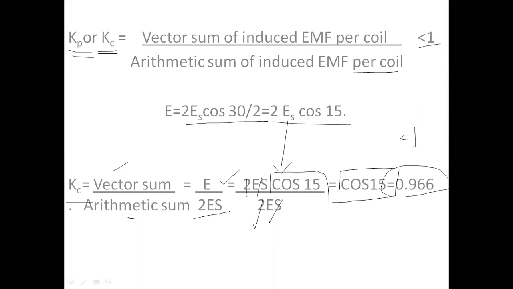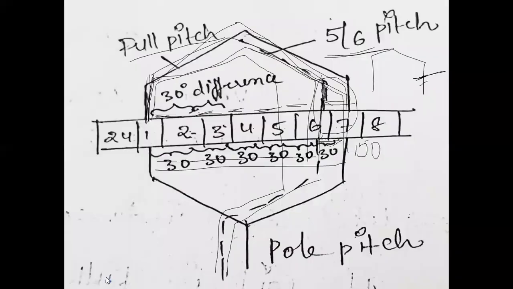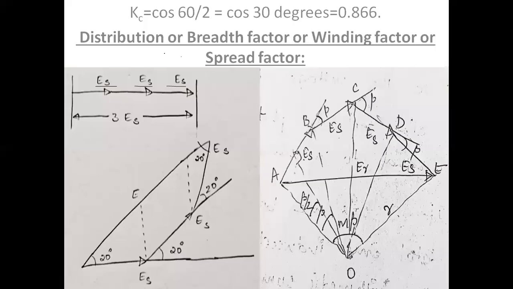Strictly speaking, I can say that the coil span falls short of full pitch by an angle alpha. So I can write the formula for Kc as Kc is equal to cos alpha by 2.